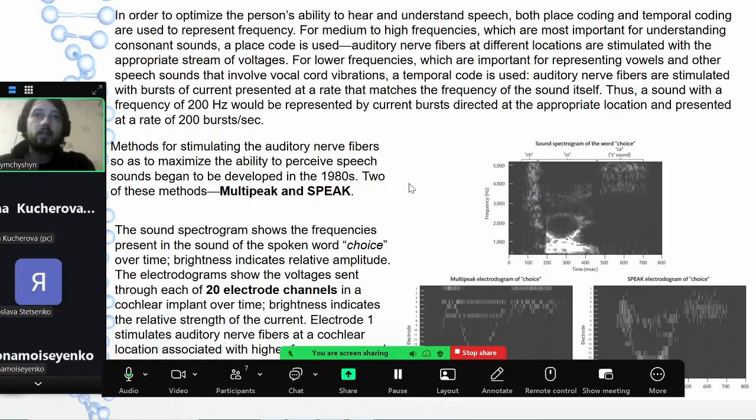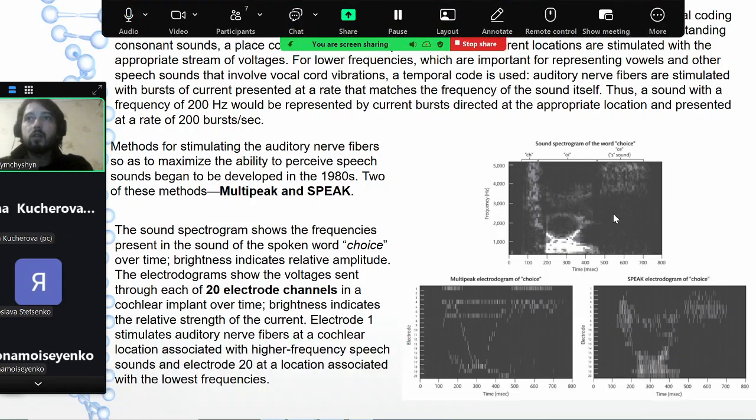There are some algorithms, developed in the 1980s, like multi-speak or speak, and they encode some sound into the form of a spectrum, and then the spectrogram is used to activate certain of the tiny things that will electrically stimulate neurons, and they will pass some information to the brain.